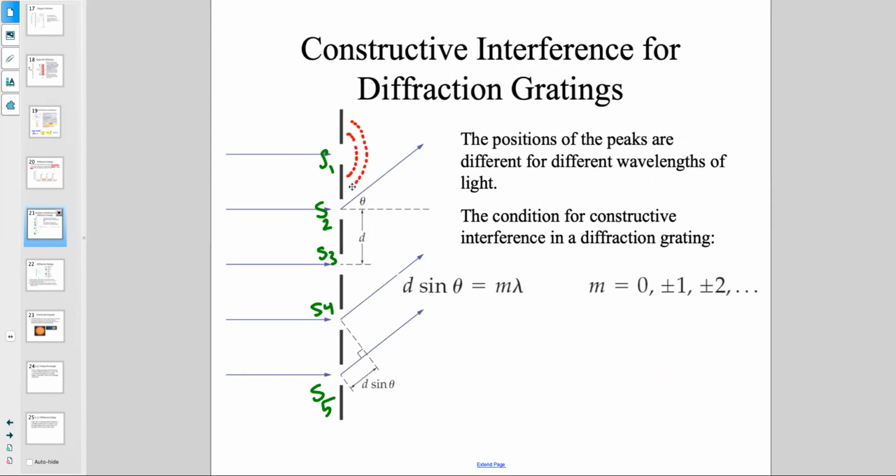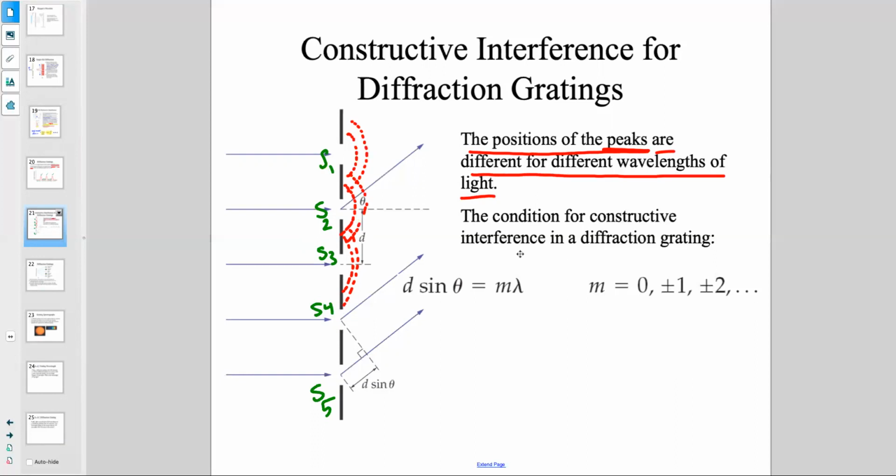So source 1 is giving out light like that. Source 2 is giving out light like that. Source 3 is doing the same thing, and so on and so forth. The position of the peaks is different for different wavelengths of light. So depending on the wavelength, you'll have a different position. One more time, the position of the peaks is different for different wavelengths of light.